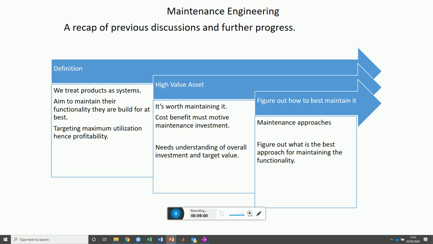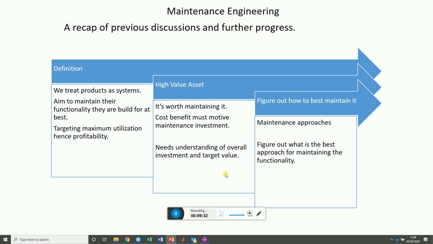that system. And also, of course, in this process, what we want to ensure is that the system we deal with is worth maintaining as well. So it's got to be a system that is of high value, right? The cost benefit of maintenance has to be balanced.